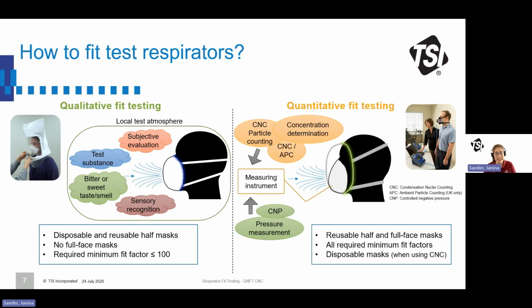And with the CNC technology, you can also test disposable masks. So the CNC technology is the only fit test method where you can test all types of tight-fitting respirators available. And one instrument that is using this CNC technology is the TSI instrument PortaCount.